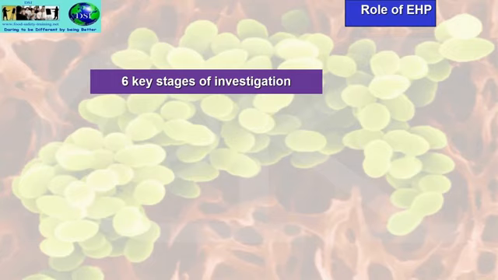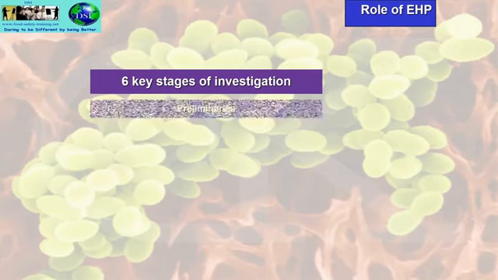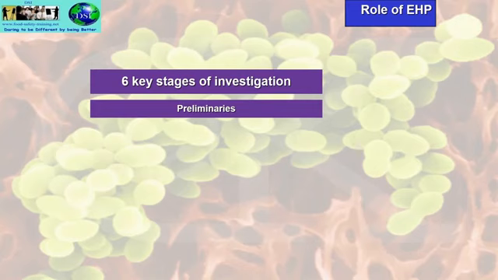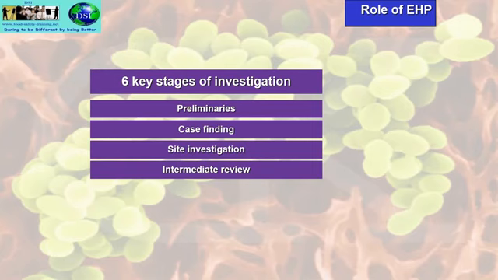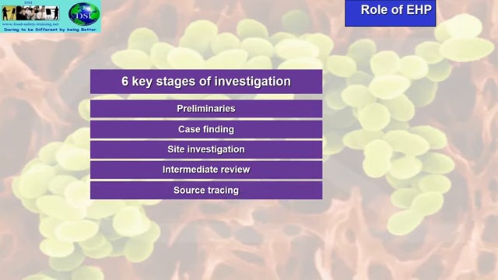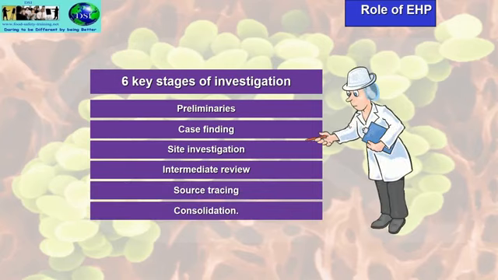So the role of the environmental health practitioner, there are 6 key stages in the investigation. There are preliminaries, case finding, site investigation, intermediate review, source tracing and consolidation. And again, look at the notes that have been provided for more details of these 6 key stages.